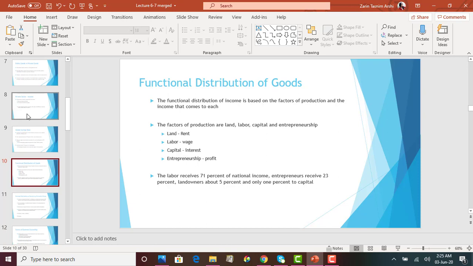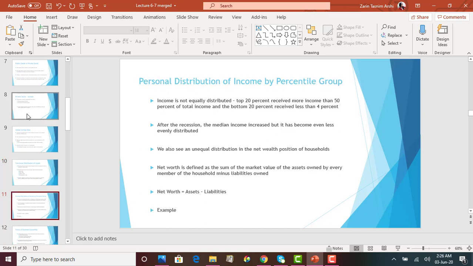Then landowners earn 5% of the total national income as rent, and capital holders only earn 1% of the total income as interest. So this is just some basic data that we have in terms of the national income of the US economy.